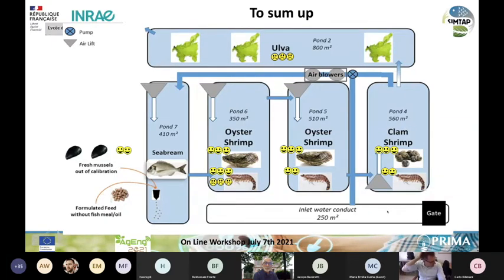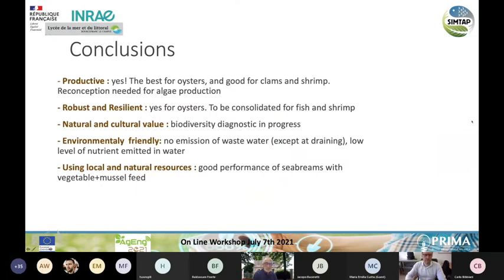We also had very good results in terms of quality and growth of shrimp and oyster in pond number 5, and the same for the clam and shrimp in pond number 4. But for ulva, I think it failed, so we have to think anew about the design of the system.